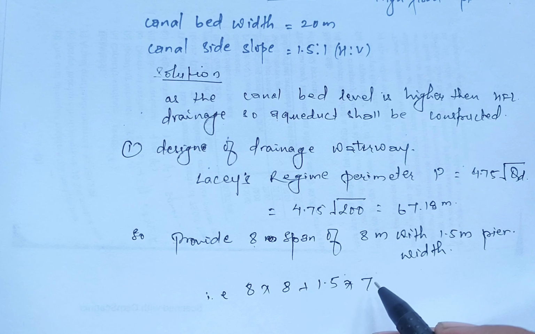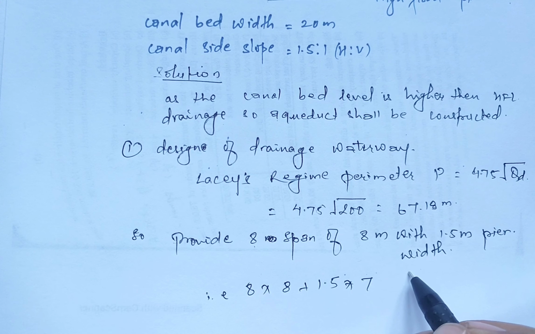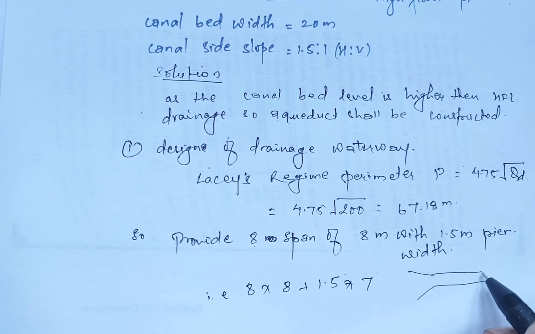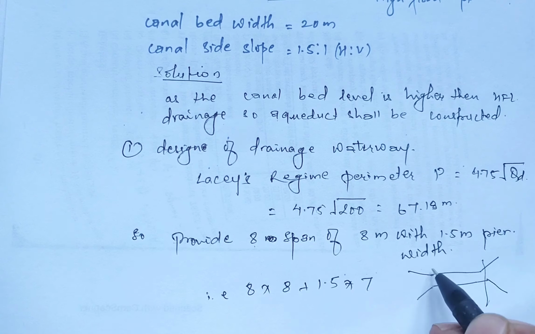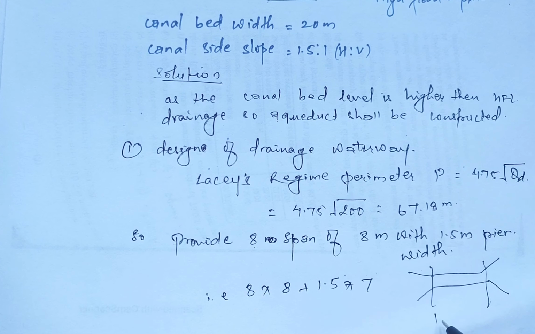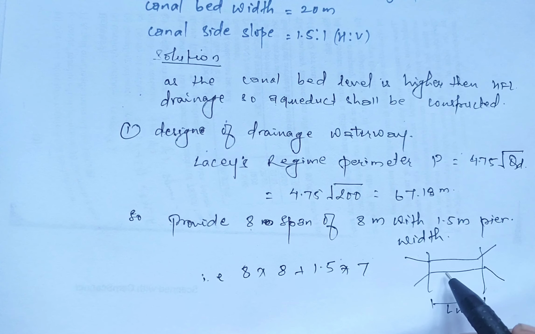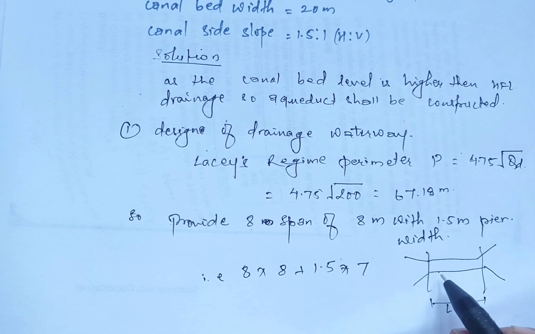If this is the contraction zone, this is the flume portion and this is the expansion, from here to here will be the total length of the waterway. We'll provide 8 meter from here to here.